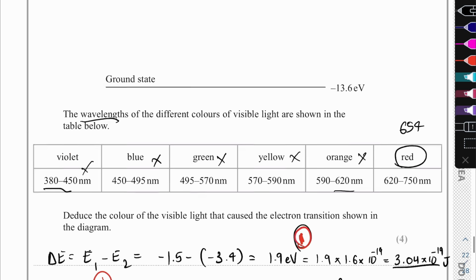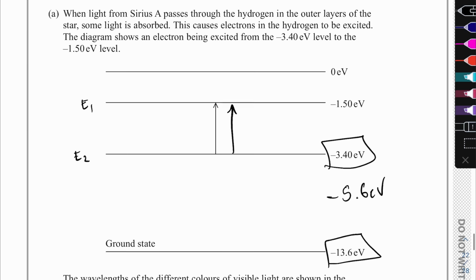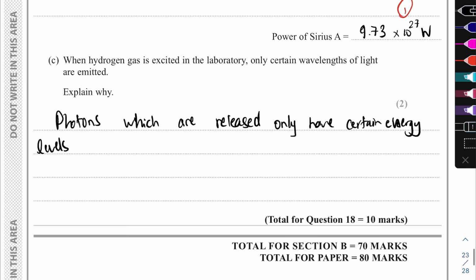This is true because, if we go back up, this is what we mean by only certain energy levels. There is no minus 5.6 eV, is there? Therefore only certain differences in energy levels are possible.